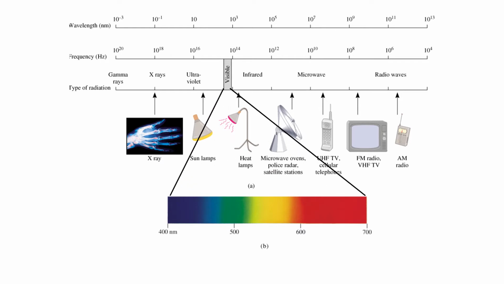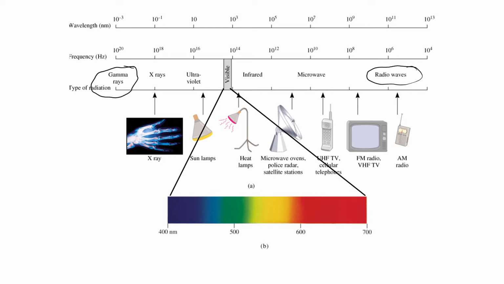The spectrum ranges from the type of radiation where we have gamma rays. These are the highest energy or the highest form of electromagnetic radiation. Radio waves are the lowest in energy.